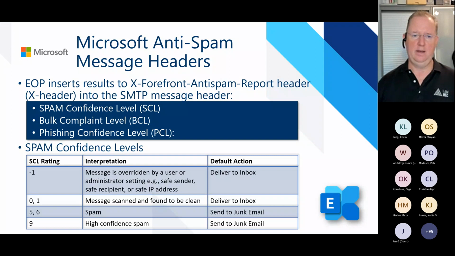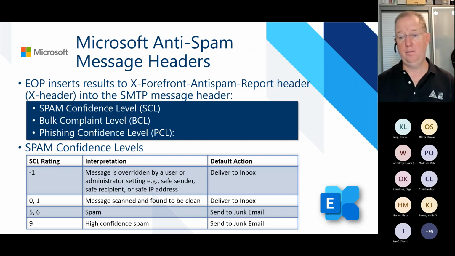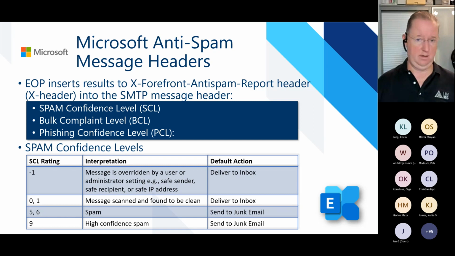In between, there's 0 to 1. 0 means it's scanned but not spam, and 1 means it's not very likely spam. And then it goes to 5, 6, spam, more or less spam. By default, those 5, 6, or 9 are sent to the junk mail folder. Of course, you can change the default delivery in the anti-malware settings.